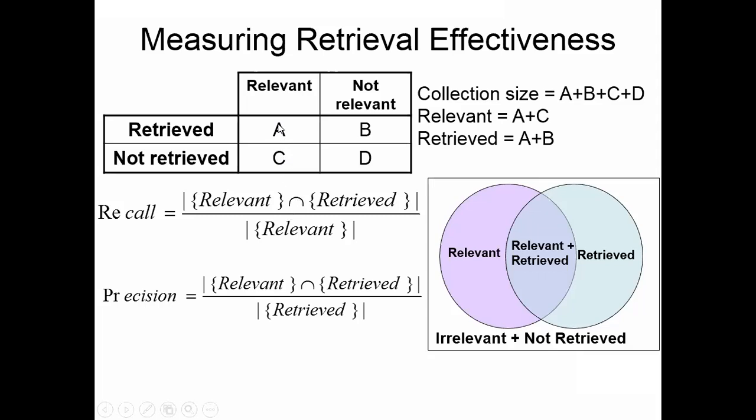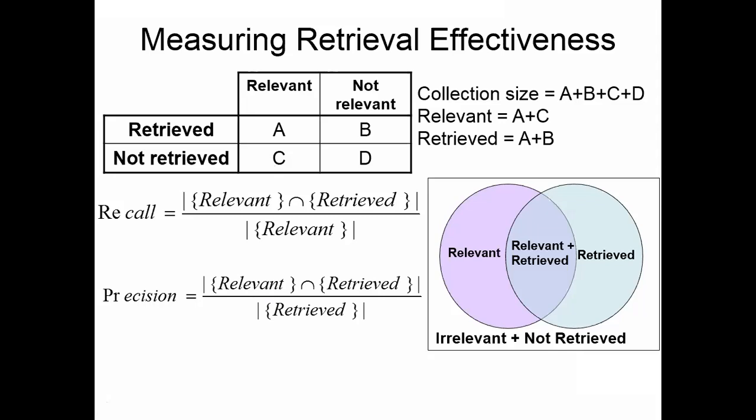A over A plus C will give you recall. That means relevant documents retrieved over relevant documents retrieved plus relevant documents not retrieved. Precision tries to measure relevant documents retrieved out of the total retrieved documents.